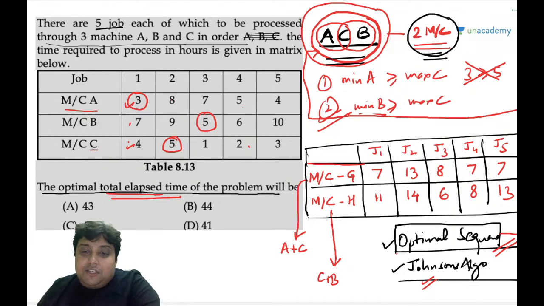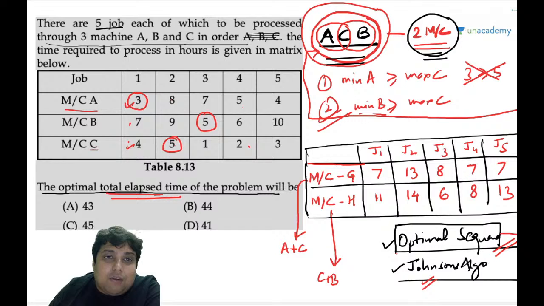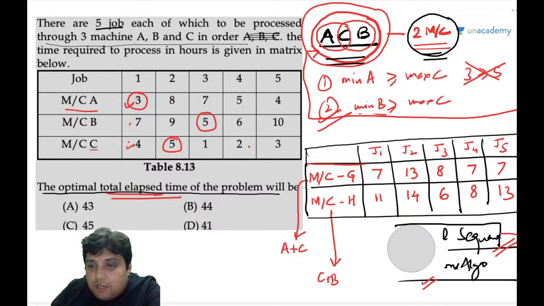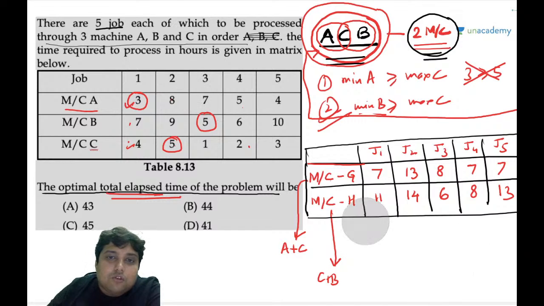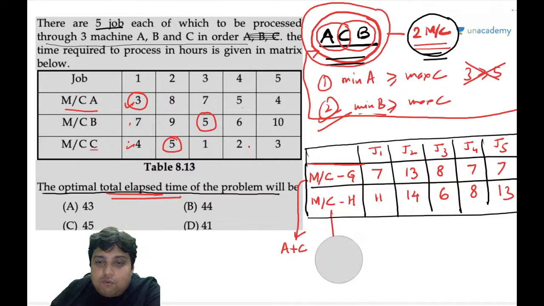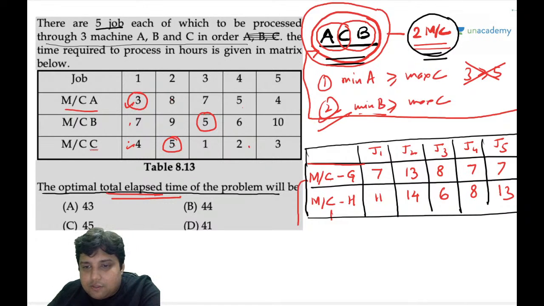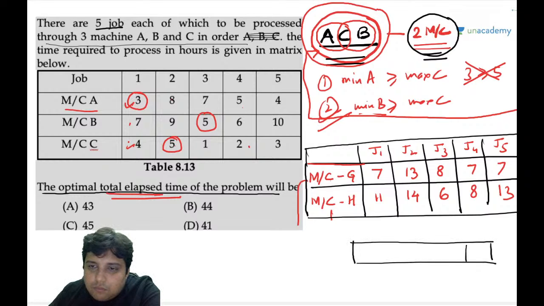So now let me make use of Johnson's algorithm. What was Johnson's algorithm? If you guys can remember, let me tell you what we used to do. 5 jobs are there, so I have created 5 positions.